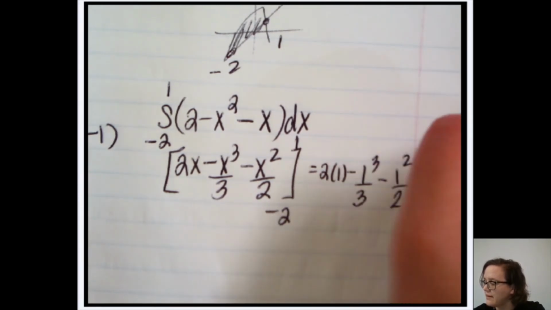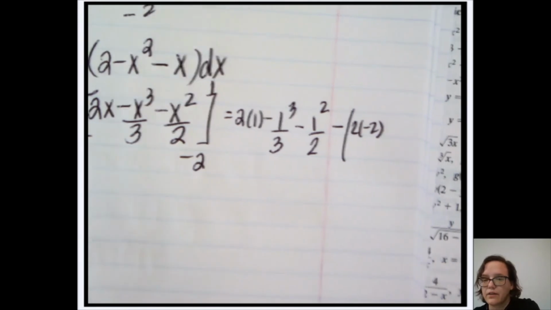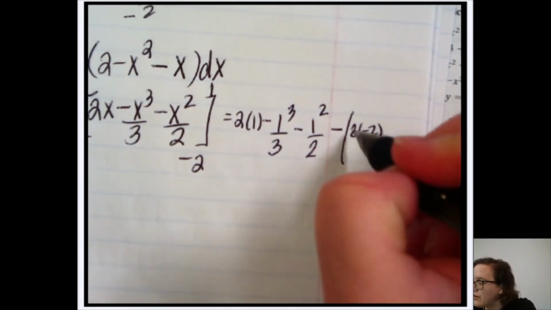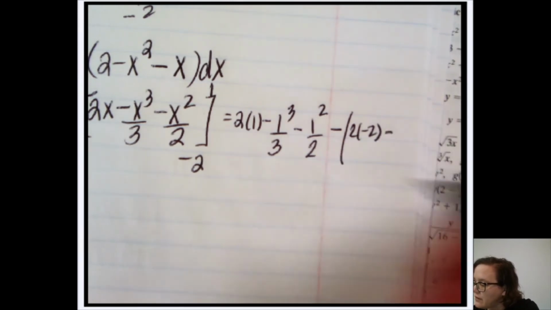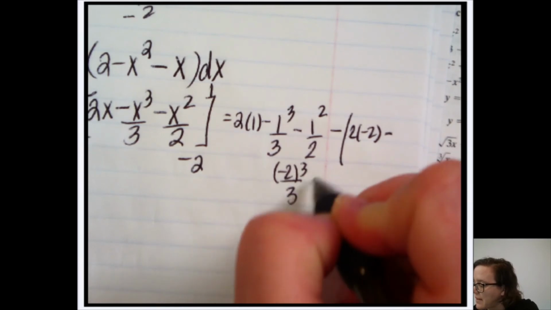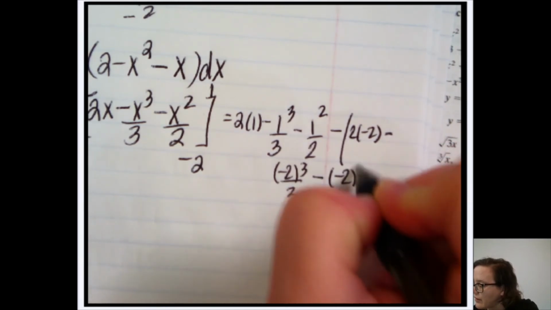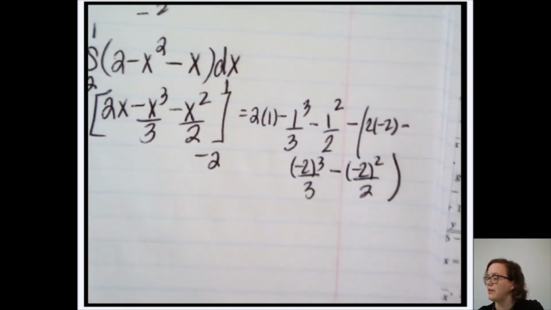Minus, if we put the -2 in, 2 times -2, minus, let's see, -2 cubed over 3 minus -2 squared over 2. So a good place to mess up with our negatives, but let's see what we get.